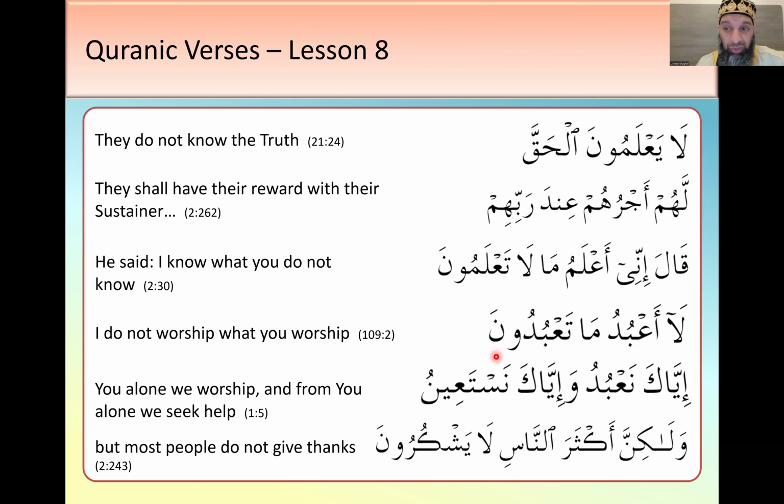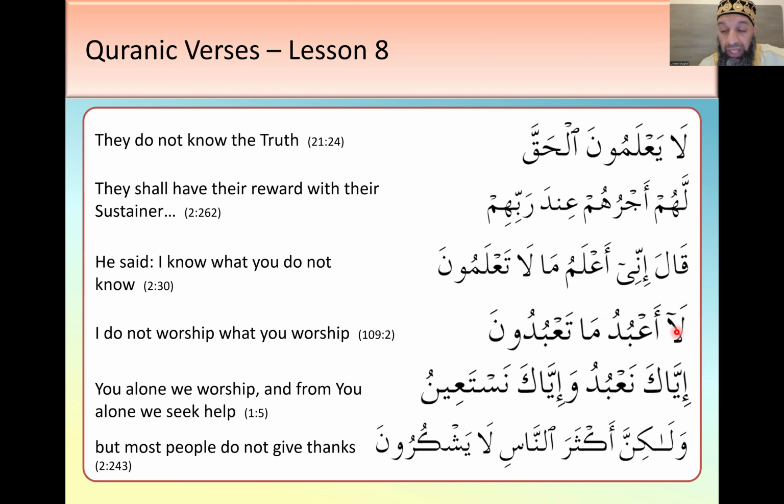Can you see how if you understand what the ta is doing and the ya is doing, you've clocked it for the majority of present verbs. Yeah, that's what I want you to just concentrate on, the ya meaning him and the ta meaning you. Those are the most important things for present verbs.